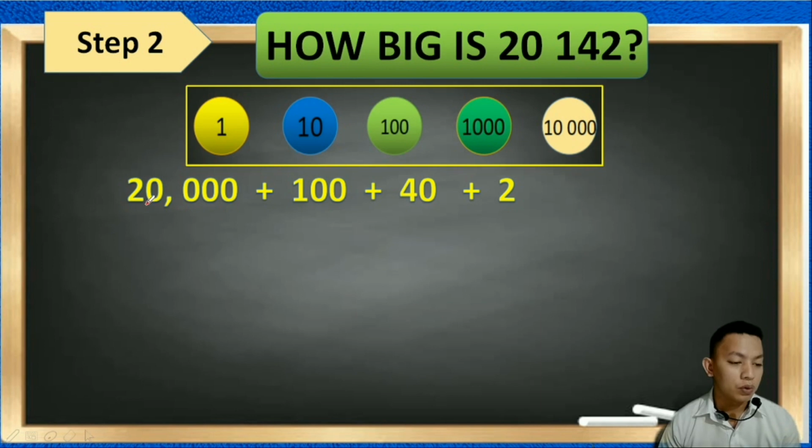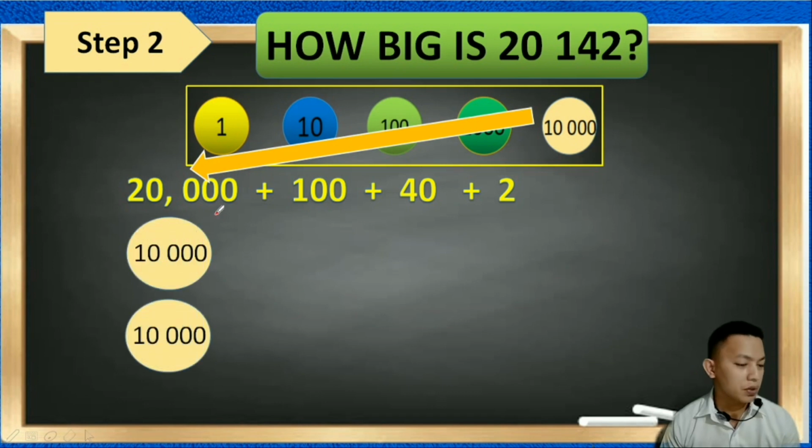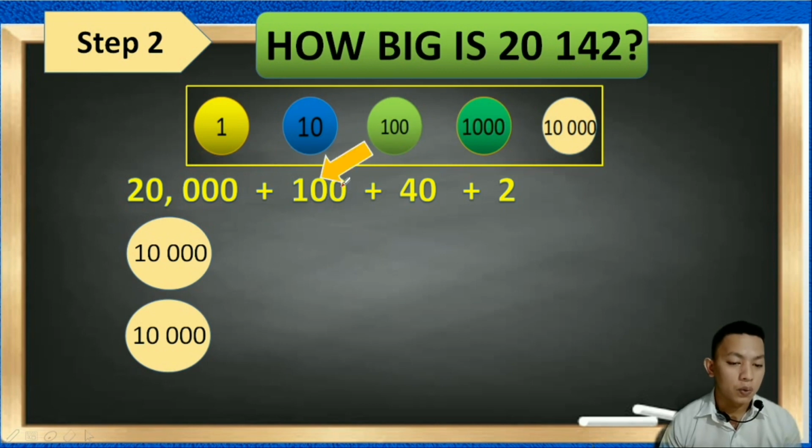Now, let's try to visualize this one. How many 10,000 are there in 20,000? Correct. So we have 2 10,000. 10,000 plus 10,000 is equal to 20,000. How about 100?